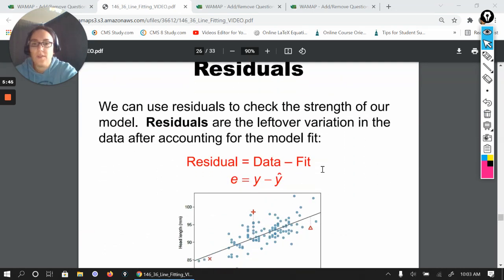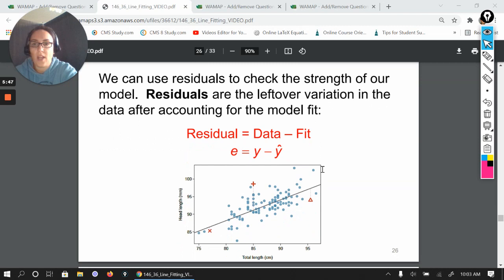We can use residuals to check the strength of our model. Residuals are the leftover variation in the data after accounting for the model fit. So residual equals data minus fit. We also can represent this as e equals y minus y hat.